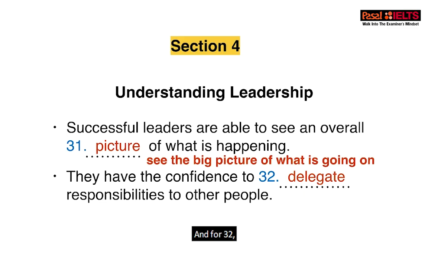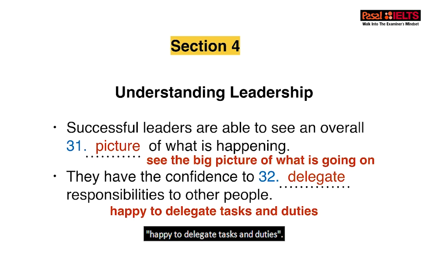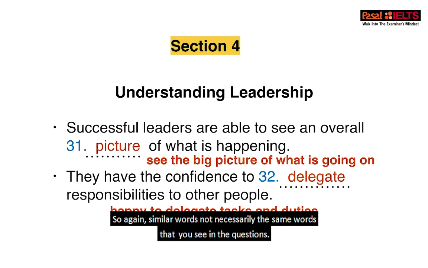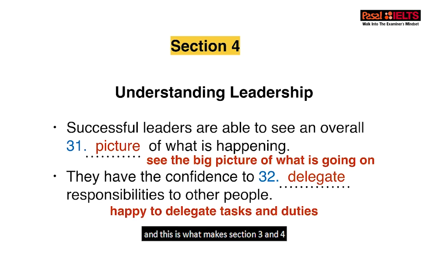And for 32, happy to delegate tasks and duties. Instead of confidence to, they're happy to, and responsibilities, you've got tasks and duties. So again, similar words, not necessarily the same words that you see in the questions, and this is what makes section 3 and 4 particularly difficult because we have a lot of this.